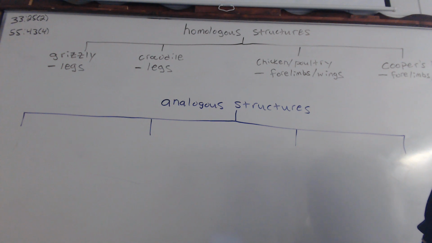Analogous structures can be used for the same purpose and can be superficially similar in construction but are not inherited from a common ancestor, as shown in figure 7. The wings of an eagle and the wings of a dragonfly have the similar function. They both enable organisms to fly. However, the wings are constructed in different ways and from different materials.